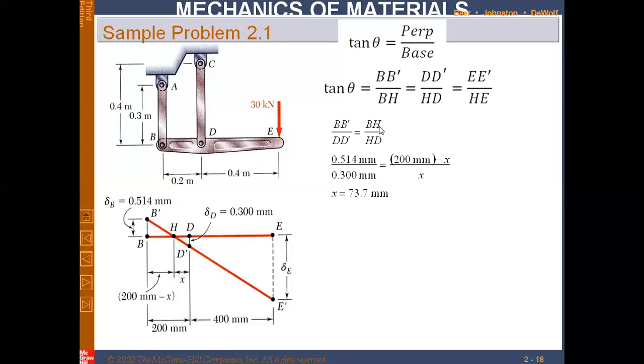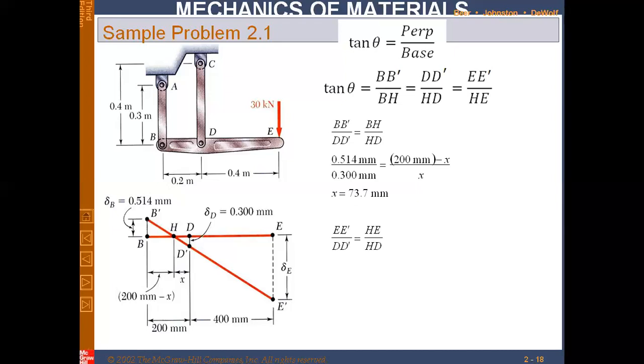BH is 200 millimeter minus X, and HD is X. So after putting the values, we got this equation. The only unknown in this equation is X, so you could very simply find X. After calculation, X is equal to 73.7 millimeter.